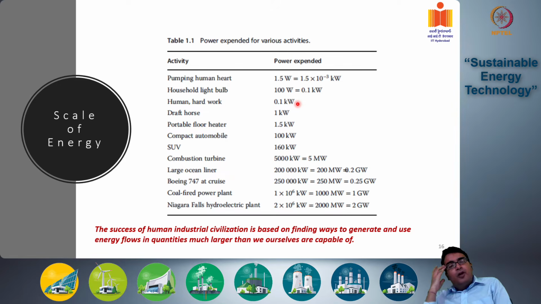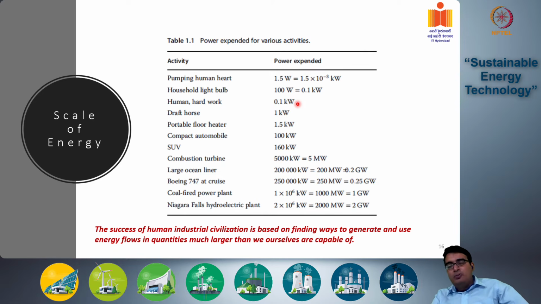If you now move from a human being to a draft horse, a big heavy horse that can pull carriages, such horses can work hard and expend around 1 kilowatt of power, carrying loads as they run. So a horse can generate 10 times as much power as an average human.